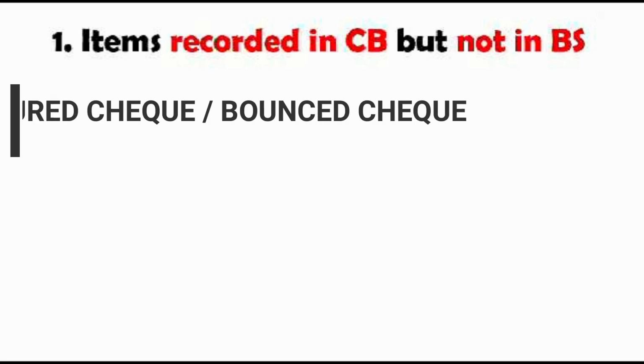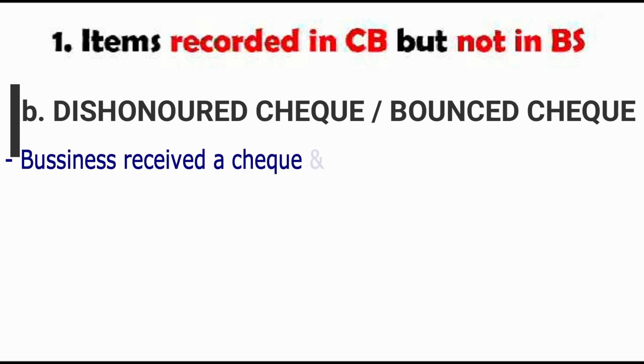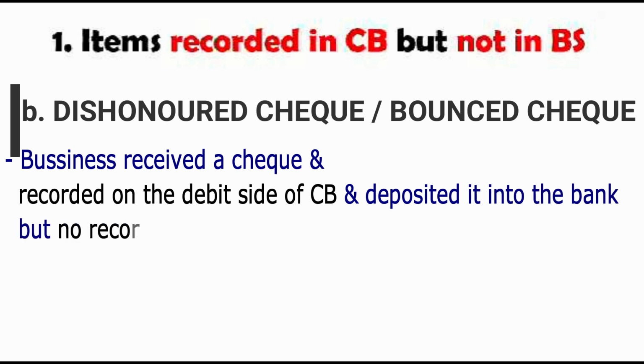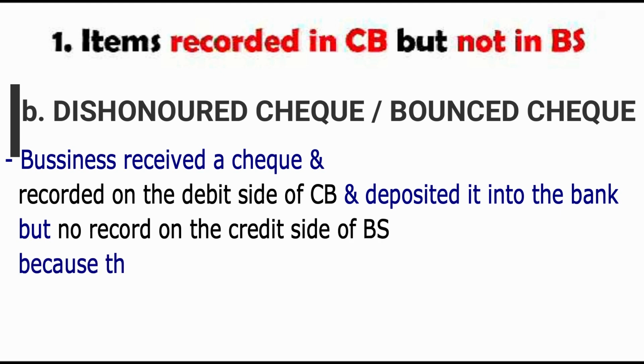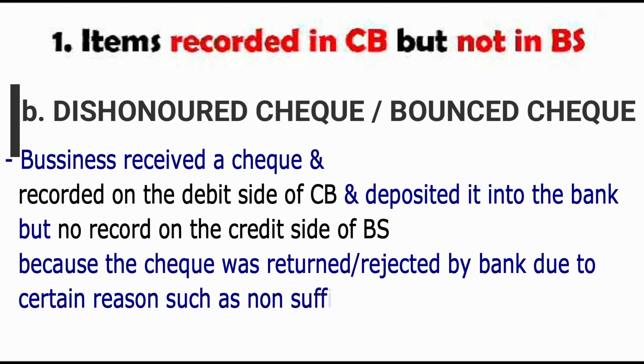Dishonored check or bounced check. The business received a check and recorded it on the debit side of cash book, then deposited it into the bank, but there is no record on the credit side of the bank statement because the check was returned or rejected by the bank due to certain reasons such as non-sufficient fund.